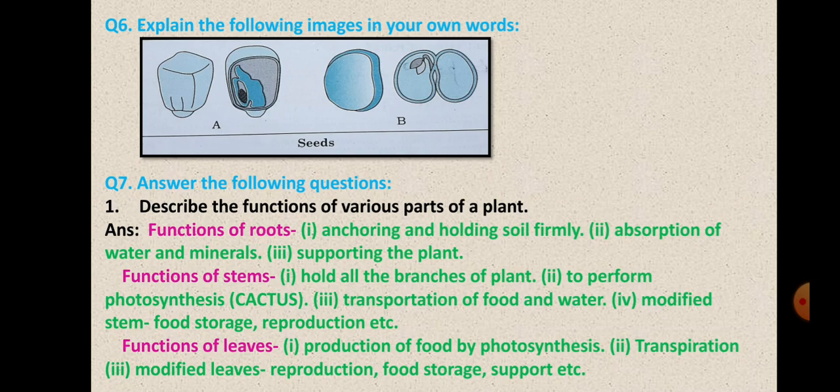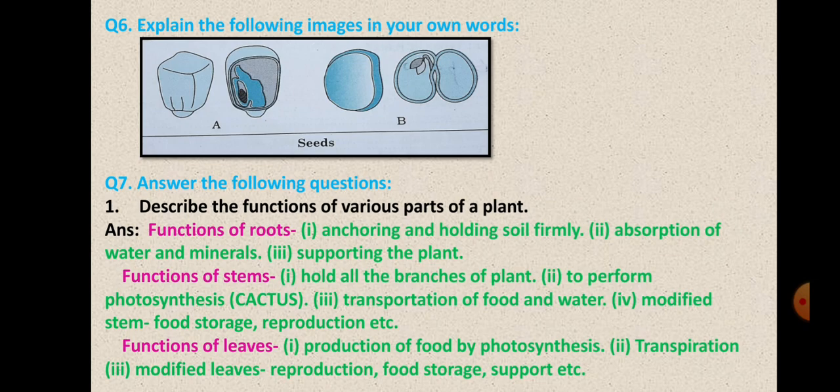Third one is functions of leaves, right? Now these functions of leaves are also not given, but as you know, the very important function of leaf is the production of food by the process of photosynthesis. Second is transpiration by the stomata, excess amount of water is given out in the form of vapors.